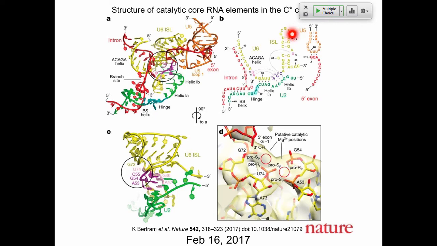So I don't expect you to remember all the details here. I can't remember all of them. But importantly here, it's U6 which has all of the activity. And here's the U6 here in yellow. And the active site is right here. It's all in the RNA, which is going to be continuing through the rest of translation today as well.